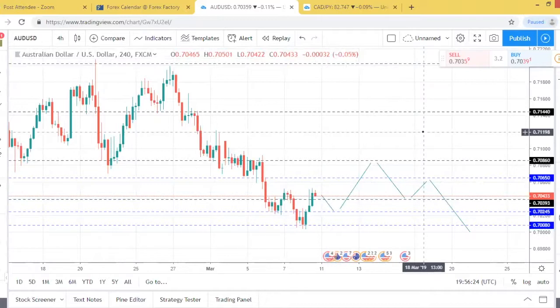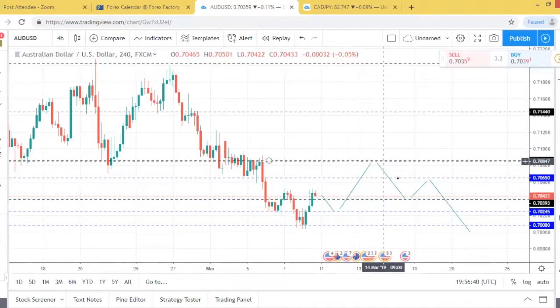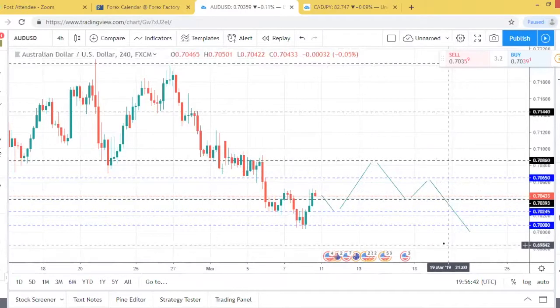So some fantastic potential risk to reward on the table there with this buy position. So I think this opportunity to the upside is too good to pass on. But ultimately, I am holding this macro picture view to the downside.